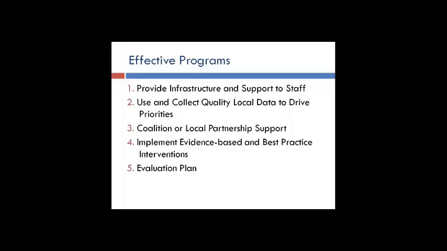Most of us cannot implement successful programs in isolation from other initiatives occurring within the community. Many injury issues are multidimensional, and implementing one aspect of injury prevention may also have a domino effect in other areas. Number four, effective programs implement evidence-based or best practice interventions or strategies, and we'll explain that a little more in a moment. And number five, you include an evaluation plan to know whether you're reaching your goals and whether your targeted initiatives and strategies are having the effect that you believe they are.